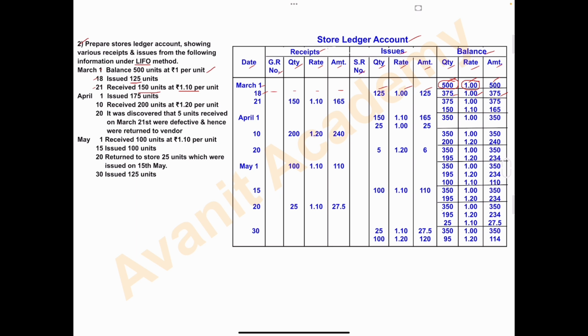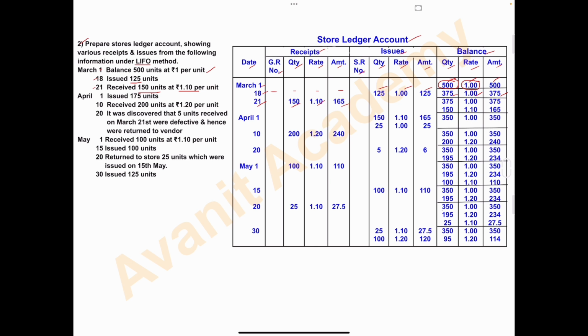Received purchasing the goods, that is receipts. Write in receipts column, March 21st, number of units received is quantity 150, rate per unit is 1.10, 150 into 1.10, amount is 165.